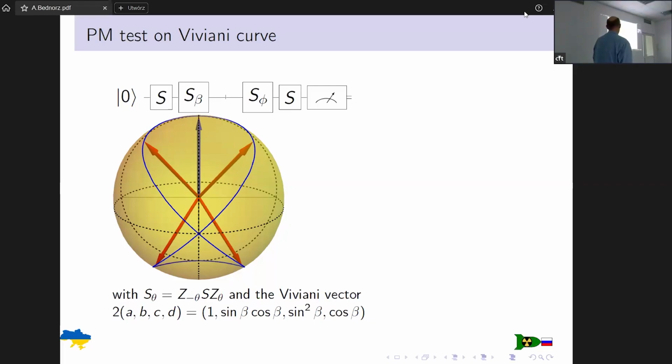You first make a pi-half rotation on the Bloch sphere, and then make another rotation, which is now parametrized, which is also a pi-half rotation, but around an axis which is turned by the angle beta. If you remember some mathematics studies, you can easily find out that on the Bloch sphere, what you get by these two operations is a Viviani curve.